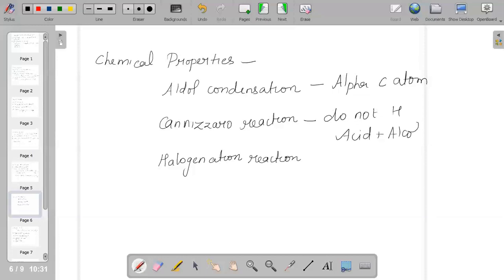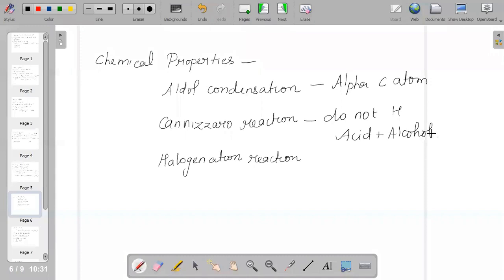For example, if methanal reacts with methanal in presence of concentrated potassium hydroxide, it will give methanol and the potassium salt of carboxylic acid. This is also a very famous and important reaction, the Cannizzaro reaction.